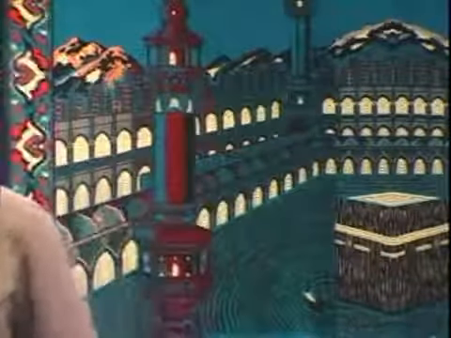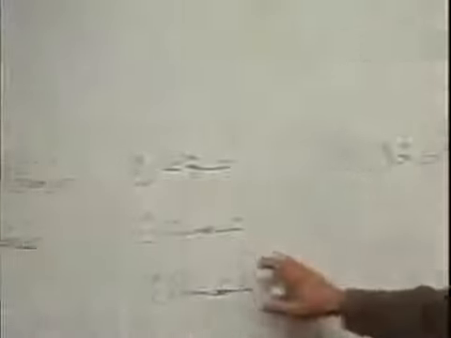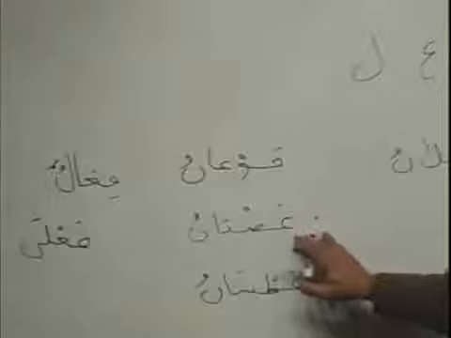Now, jav'anu, ghadbanu and atshanu: when you go to the root, you will find a verb there. Ghadbanu, the madi is ghadiba. He became angry. Atshanu, atasha. He became thirsty.